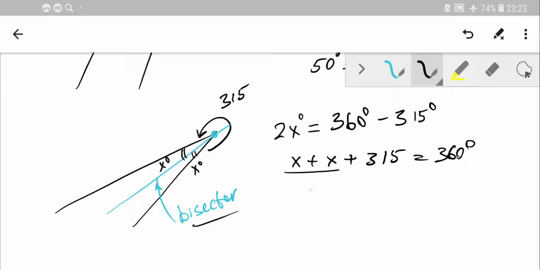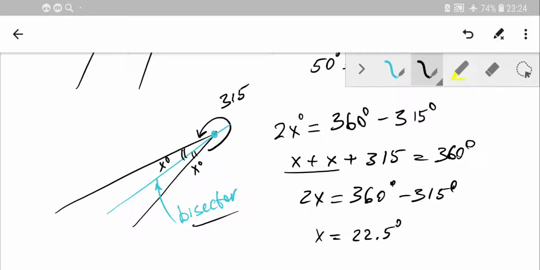Okay, so if you simplify, you'll get 2x, and then 360 minus 315. So if you subtract and divide by 2, you'll get the following. 360 minus 315 is just 45, and 45 over 2 is 22.5 degrees. Okay, that's the final value. All right, as you can see, it's not so hard.